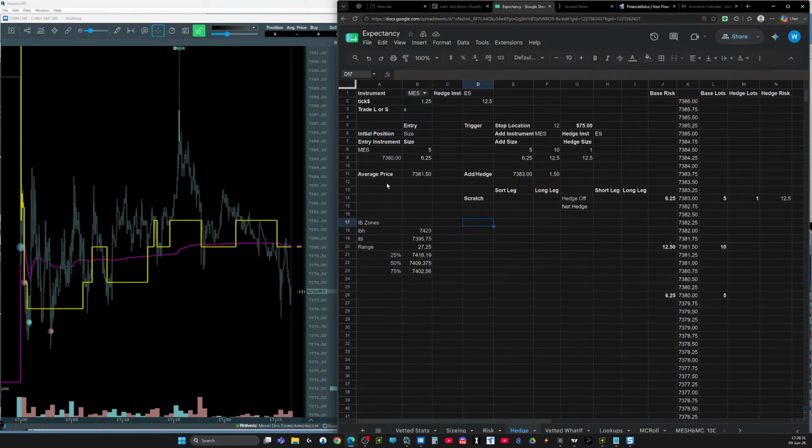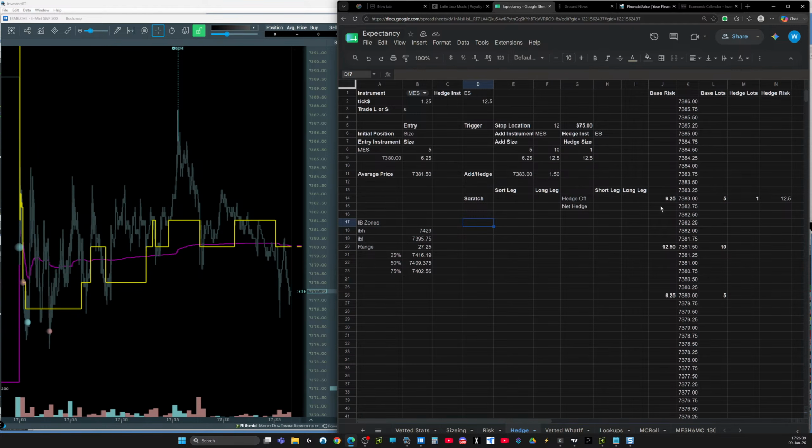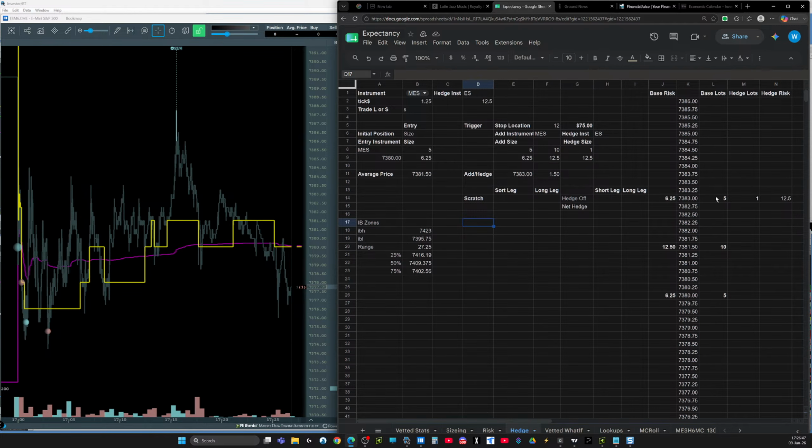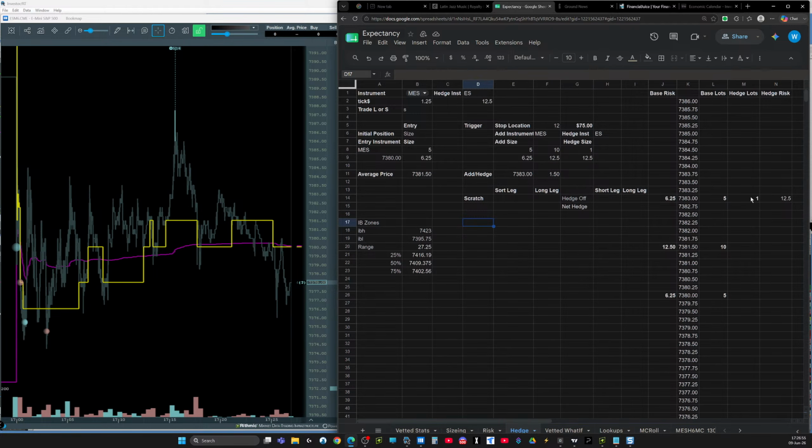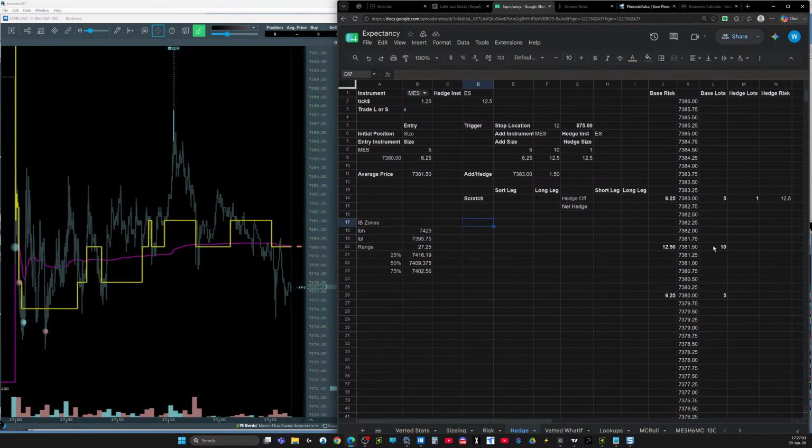The way it works is, here's the entry, 73.80. Assuming price goes against us and goes up to the stop, which is 73.83, the hedge would be triggered, and that would enter another 5 micros short and 1 mini long, meaning we would have a net price or average price of 73.81.50 for 10 micros, and 1 mini at 73.83.